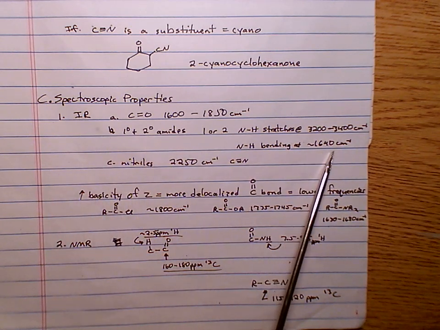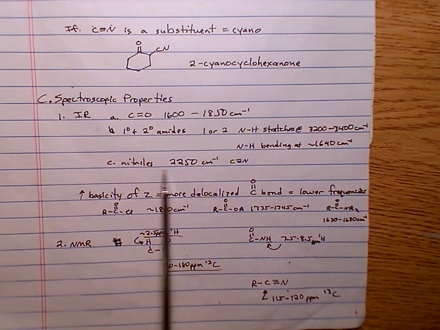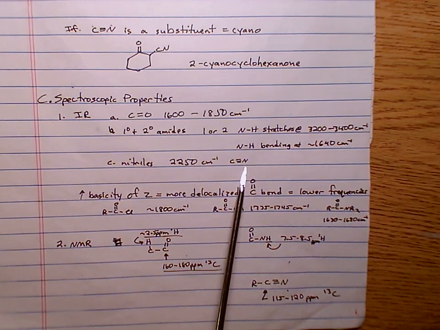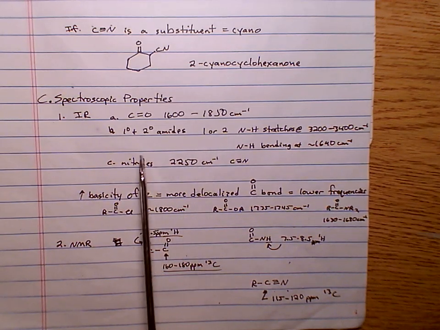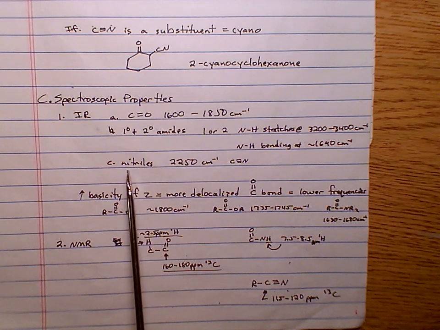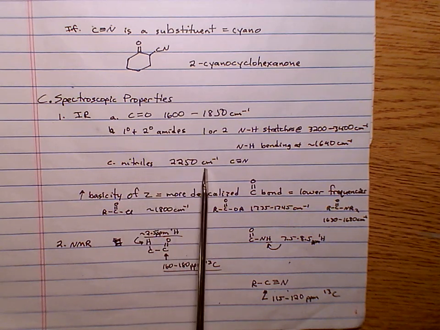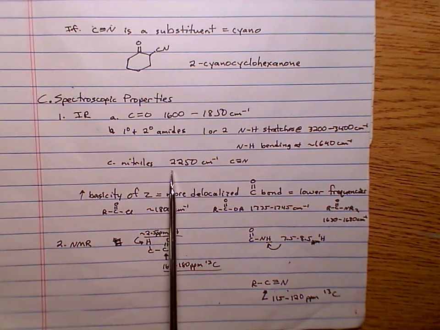NH bending is at 1640 wave numbers. Nitriles, they're nice. C triple bond N comes in what I call no man's land, between 2000 and 2700 wave numbers. There's hardly anything there. So if you've got a nice sharp peak in there, that's either a carbon-carbon triple bond or a carbon-nitrogen triple bond. So nitriles at about 2250, fairly easy to diagnose.